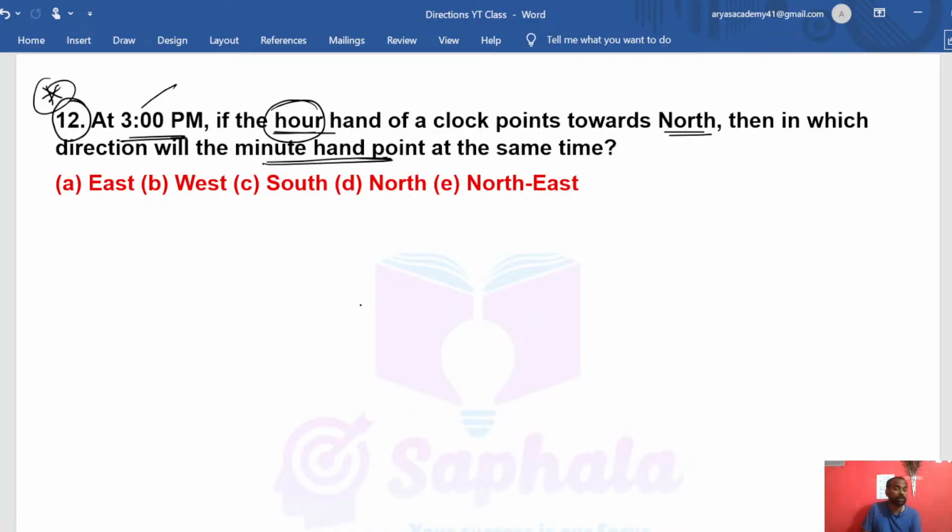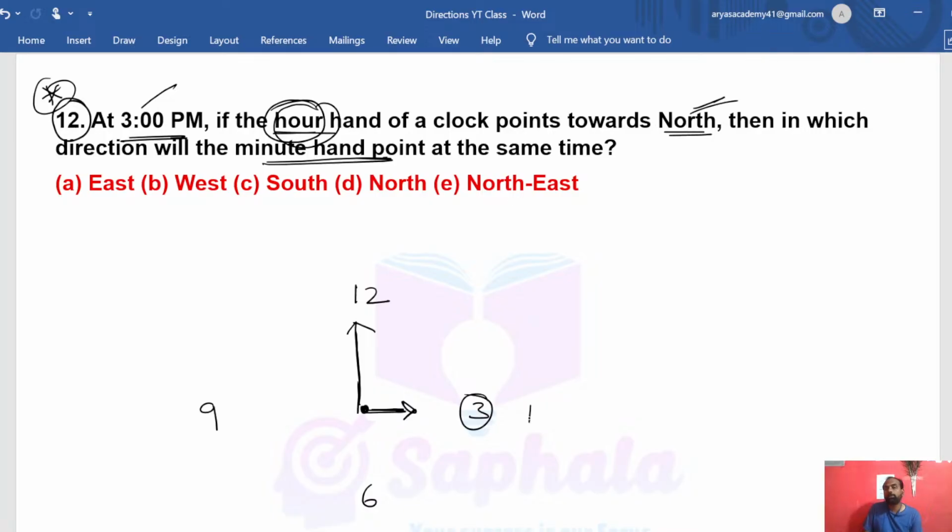Okay, what is the time? 3 p.m. So 12, 3, 6, 9. At 3 p.m., the hour hand will be exactly pointing towards number 3, and the minute hand will be exactly pointing towards 12. So that is 3 p.m., right? Now they have very clearly mentioned the hour hand is facing north.